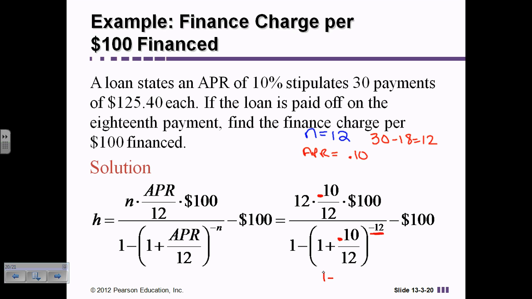You're going to have to do 1 plus 0.10 divided by 12, and notice I put parentheses, and get that answer and raise it, using the caret symbol, to the negative 12 power.